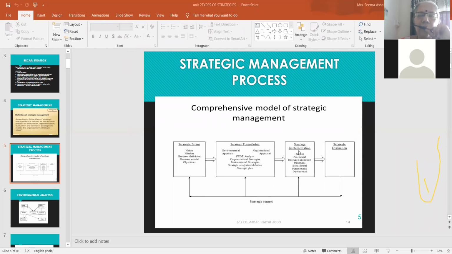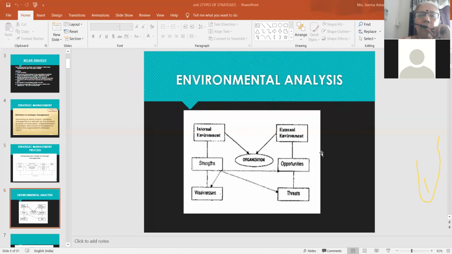Now, let us look at this in detail. We are going to study in unit 2 this step number 2, that is strategic formulation, which begins with environmental analysis. Last year in the subject business environment, you have learned this in detail.